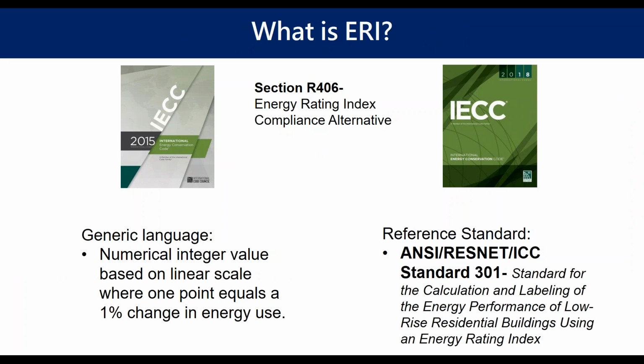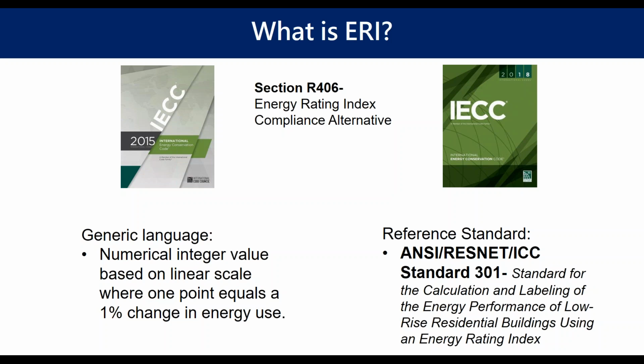So a question I often get is, what exactly is the ERI? What does it mean? What's the concept around it? So when you look at the two codes, the 2015 and the 2018 code, the 2015 code has a generic description of what the Energy Rating Index is. It basically says it's an index scale where a 1 point change is equivalent to about a 1% change in energy use.